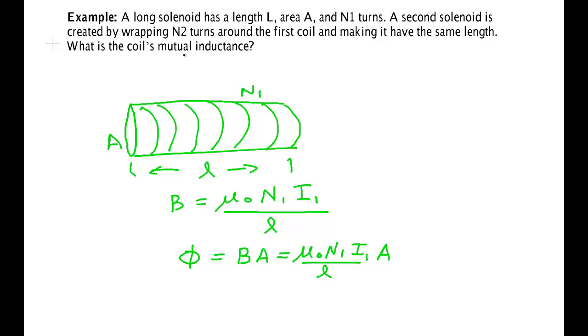Now, there's a second coil that is set exactly over the first coil. This coil has exactly the same length, and all the flux that went through the first coil is now going through the second coil. And the second coil has the same length, L. So we have this flux created by the first coil going here, but now we have N2 turns in this second coil.